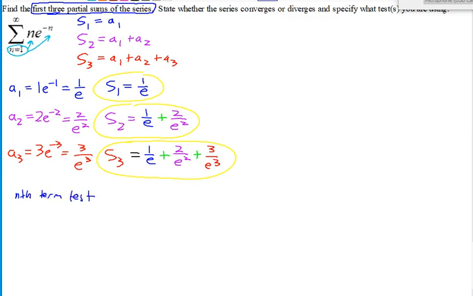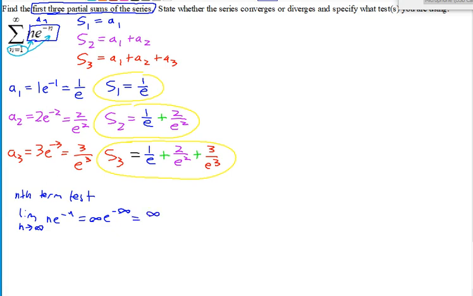Really quickly here. Find the limit as n approaches infinity of our formula here, a sub n. That would be infinity times e to the negative infinity.